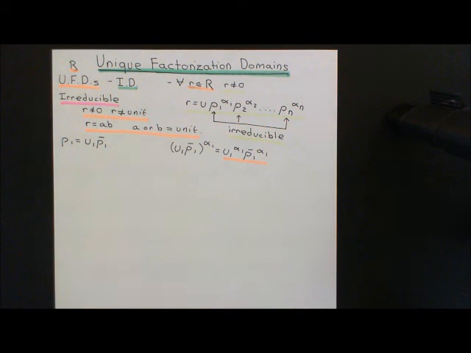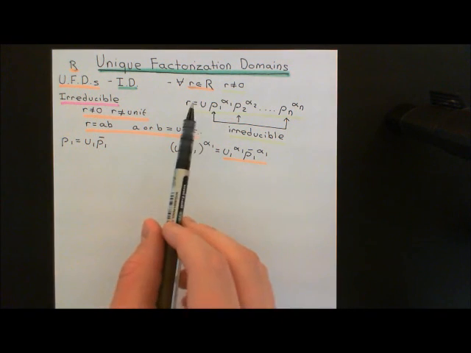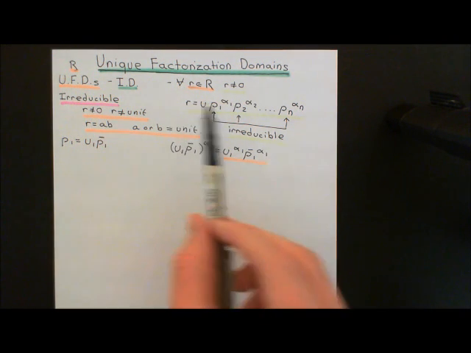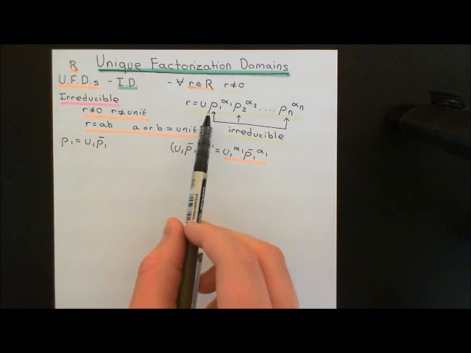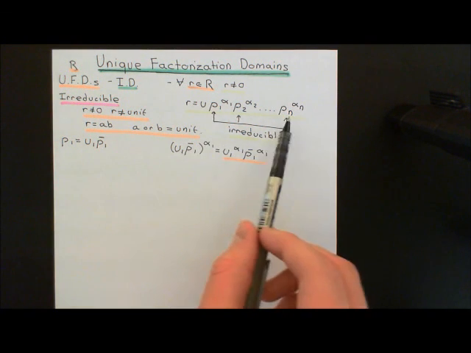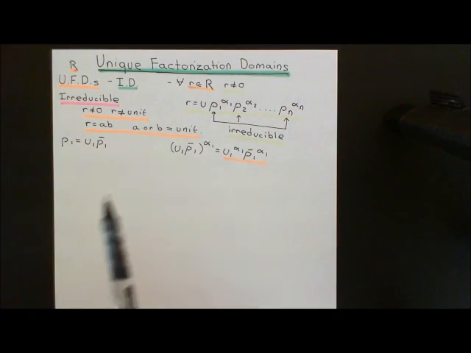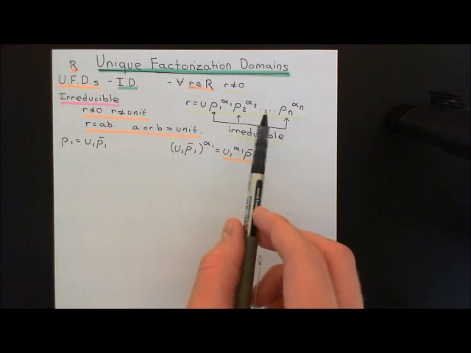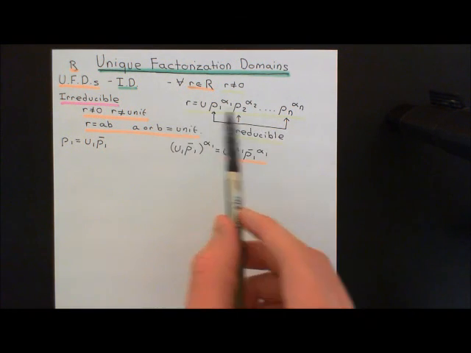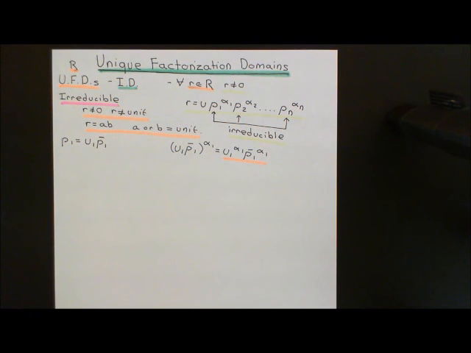The other important thing to say here, and I will make this clear when we actually do an example, is that although you could write an irreducible factorization where you have multiple different elements which are associate to one another, it would not be ideal to do so.